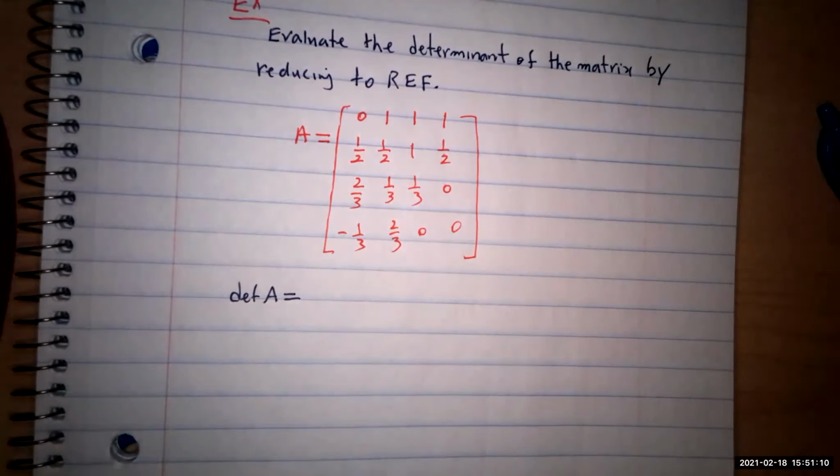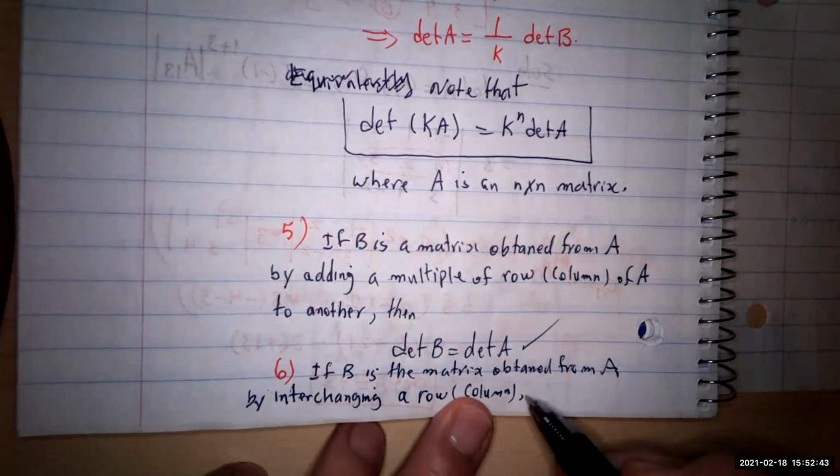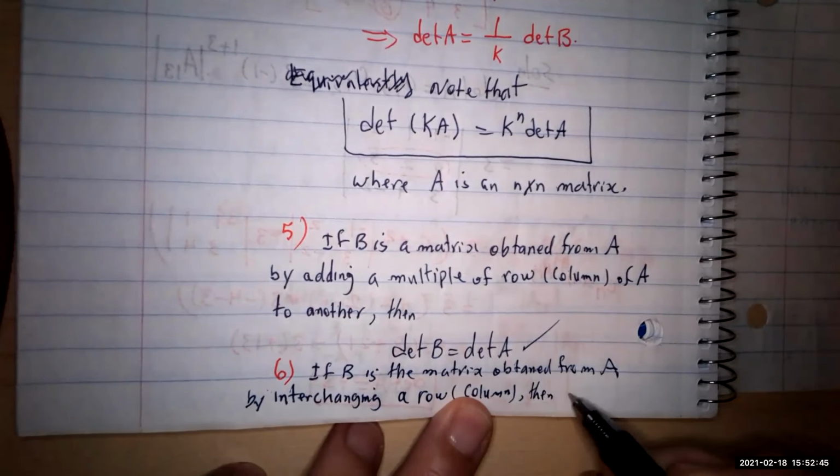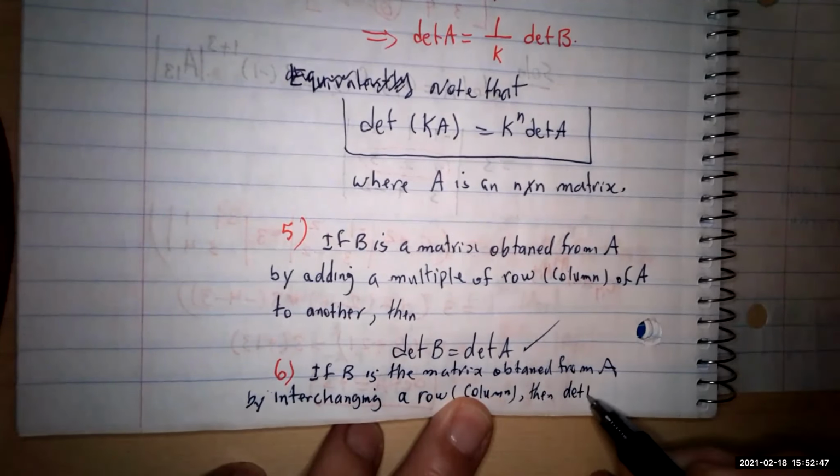If you switch one row or one column, you have to multiply the determinant by negative 1. The determinant of AB would be the negative determinant of D. That's it. Remember, anytime you switch, you multiply by negative 1.